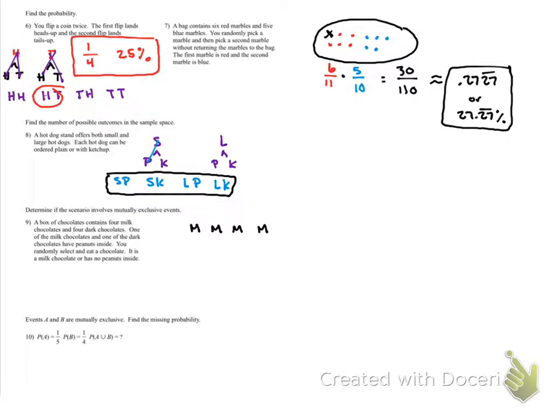And we have 4 dark chocolates. One of the milk chocolates and one of the dark chocolates have peanuts inside. So one of these is with peanuts, and one of these is with peanuts.